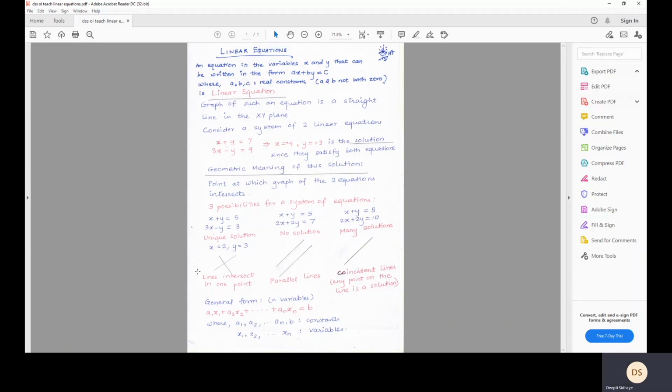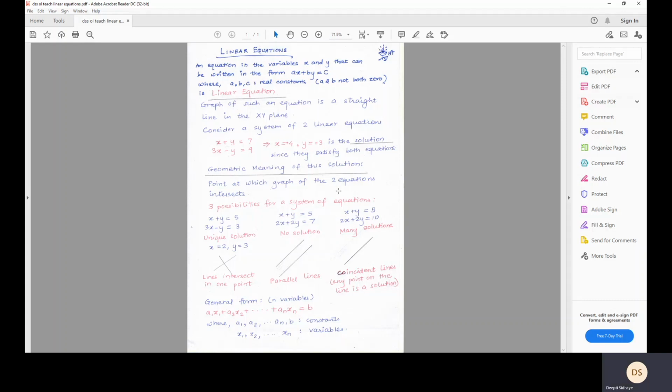So they will be intersecting in a unique point, and this unique point is in fact the unique solution. Now, next case could be the two lines are parallel. That means they do not intersect in any point. So this means that there is no solution.